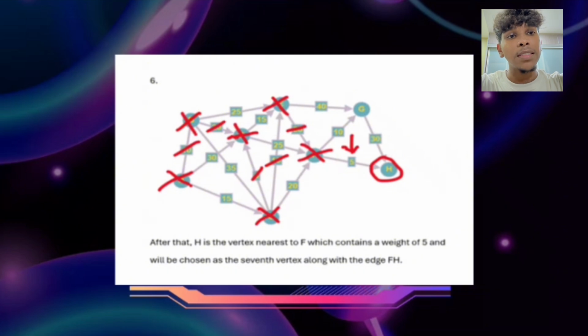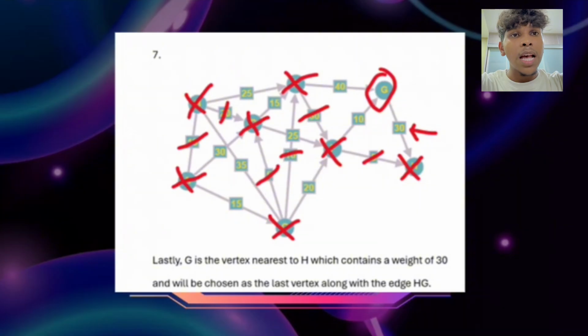After that, H is the vertex nearest to F, which contains a weight of 5 and will be chosen as the seventh vertex along with the edge FH. Lastly, G is the vertex nearest to H, which contains a weight of 30 and will be chosen as the last vertex along with the edge HG.